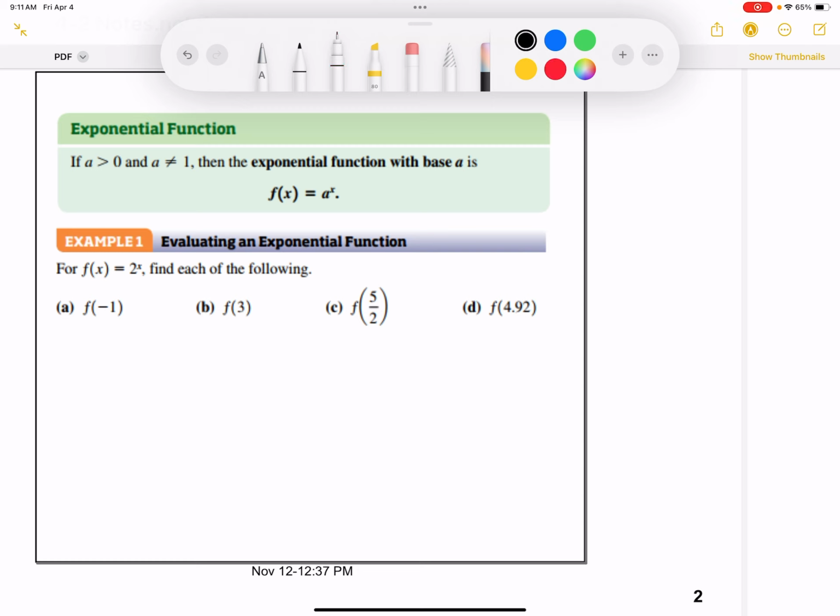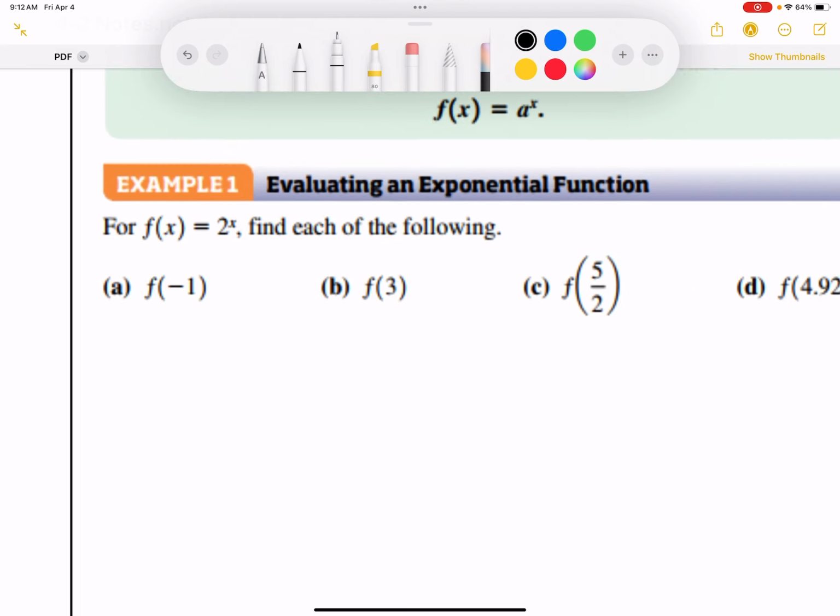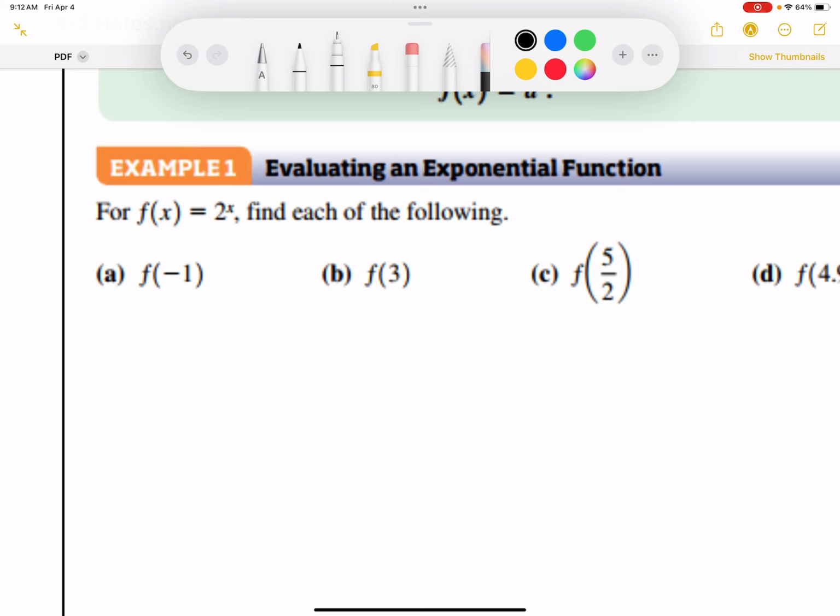So first, if I have f of x is equal to 2 to the x power, and I say find f of negative 1. So f of negative 1 is equal to 2 to the negative 1 power. Now, this is what we just talked about.